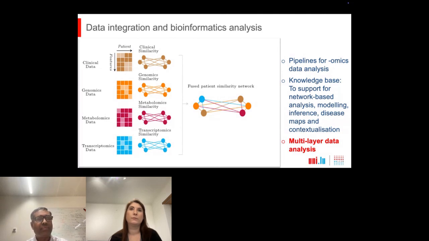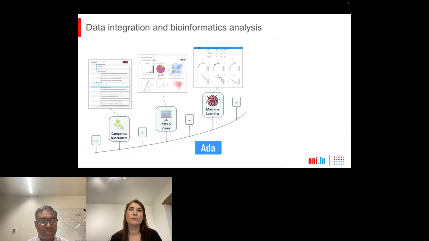For SNF, for each layer, it builds a similarity matrix, and then it fuses these matrices together, and then you have the stratification of the samples based on the different layered information. Okay, so this is the kind of analysis we do.